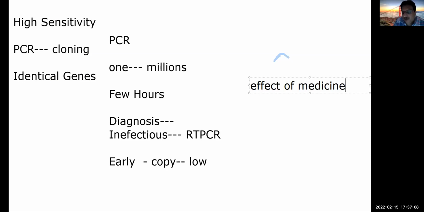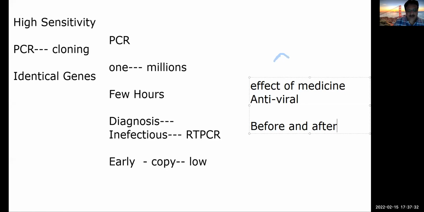Second is the effect of medicine. If you're taking antiviral medication, to see whether it is working or not, you will do the PCR test before the medicine is administered and once the course is completed. So to look into that.